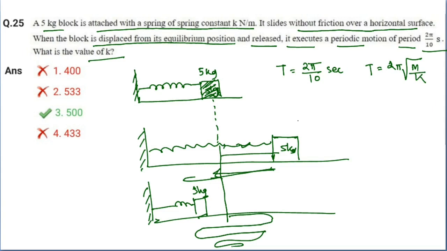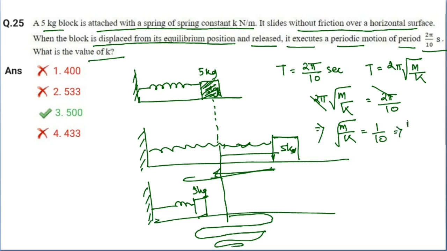If we equate these two, then we will get 2 pi under root m by k is equal to 2 pi by 10. Then 2 pi cancel each other. Under root m by k is equal to 1 by 10. That implies m by k is equal to 1 by 100, right?